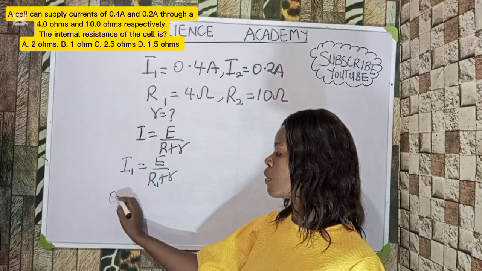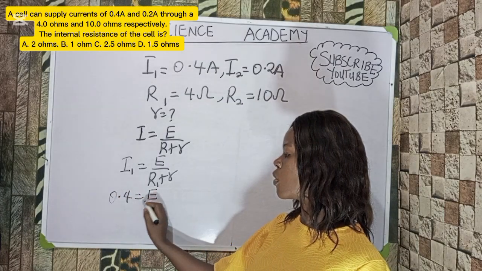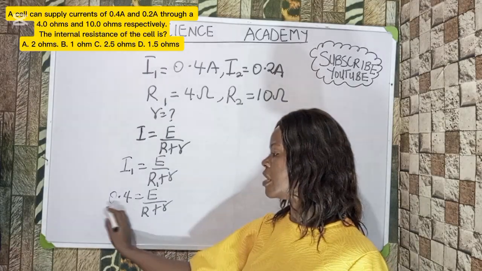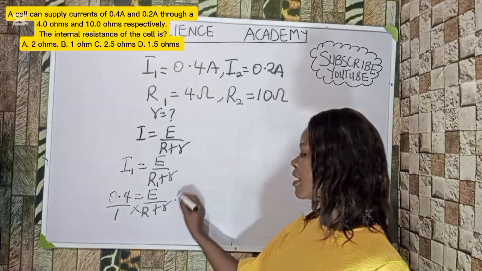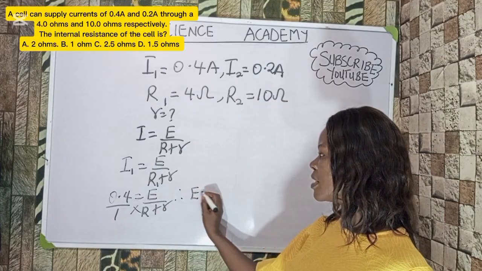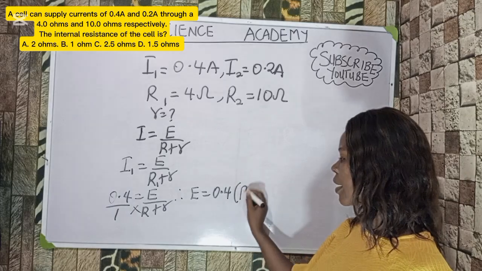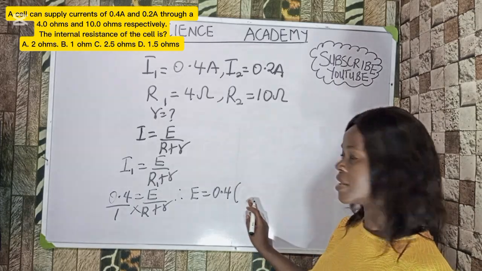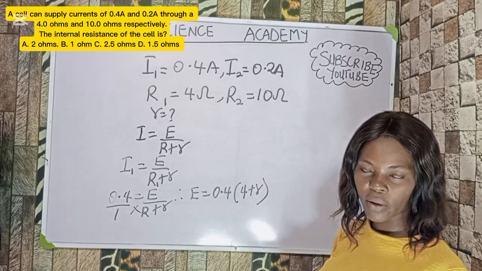I have 0.4 is equal to E over R plus r. So if you say this is over 1 and cross multiply, my E is equal to 0.4 bracket, my big R, which is R1, is 4, plus small r.